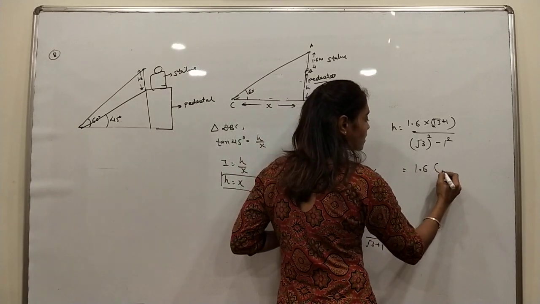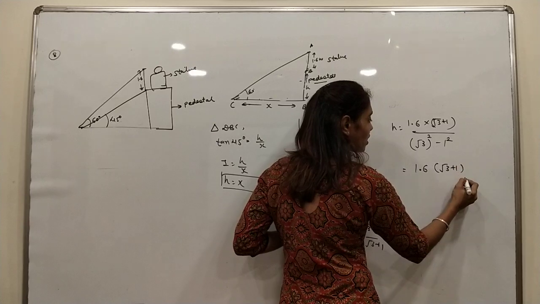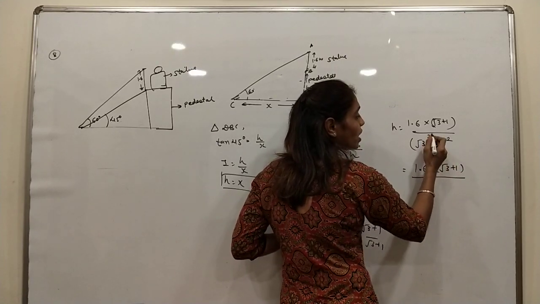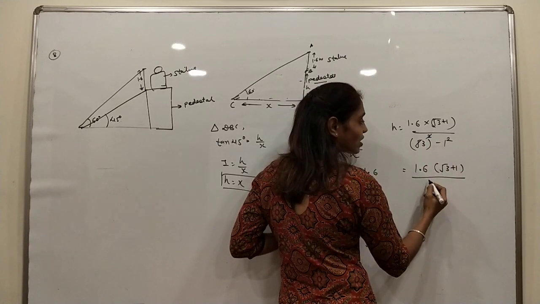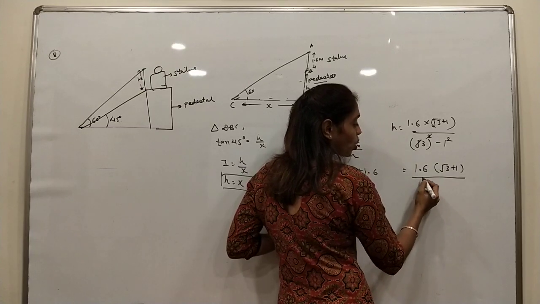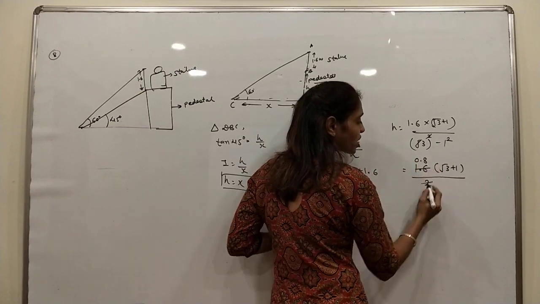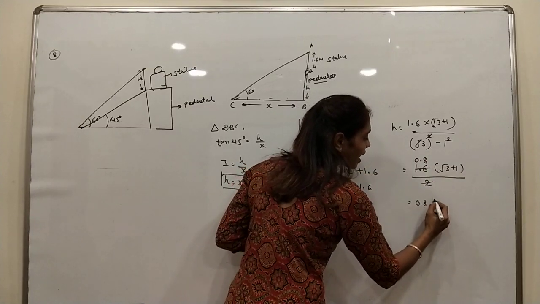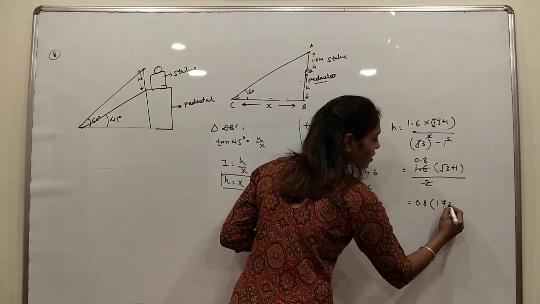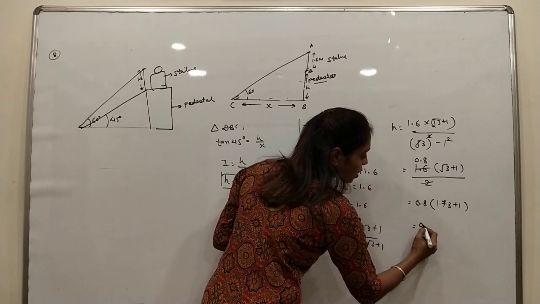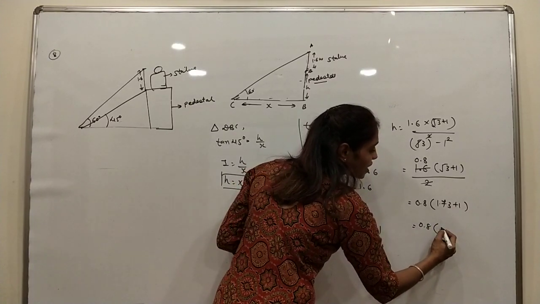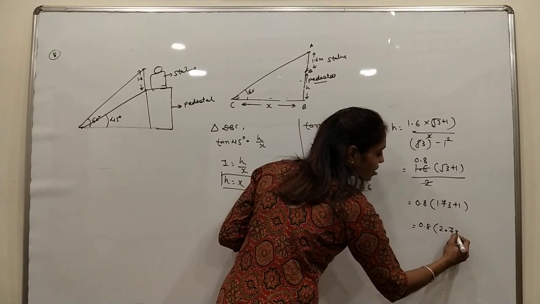So 1.6 (√3 plus 1) over 3 minus 1, that is 2. 1.6 divided by 2 is 0.8. So 0.8 times (√3 plus 1), with √3 value 1.73 plus 1, that is 2.73.